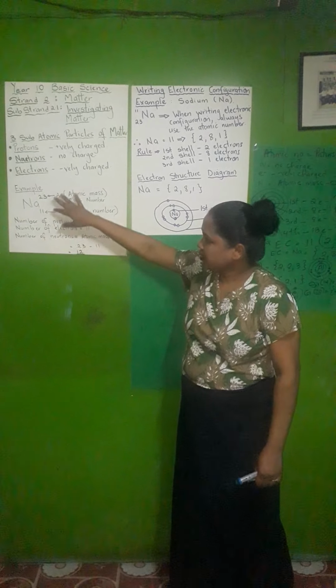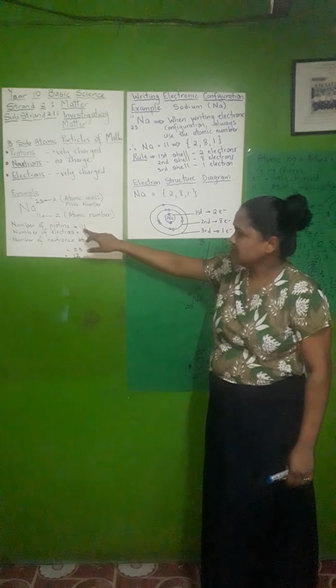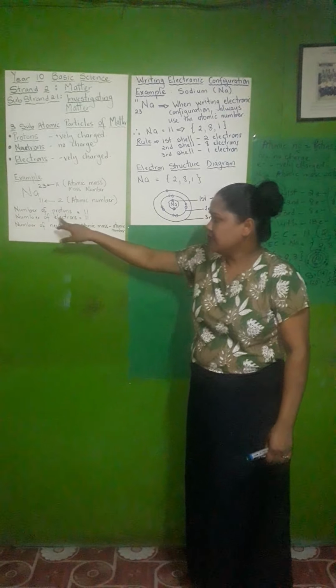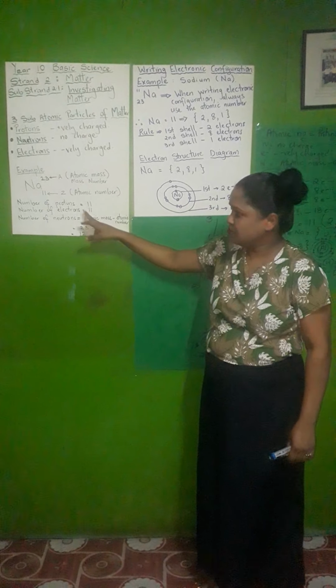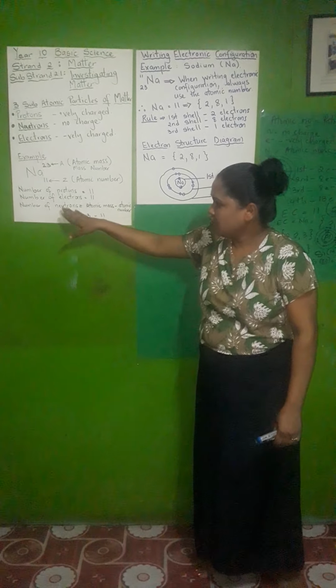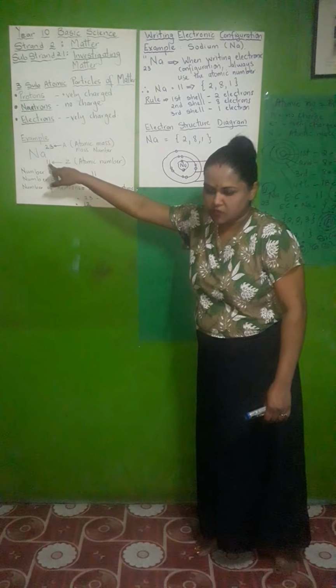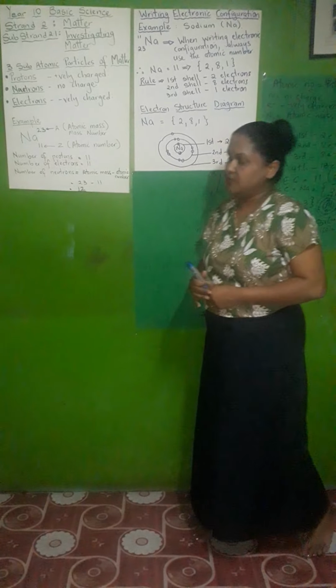So here if we look at sodium, the number of protons is 11, since 11 is the atomic number here, and the number of electrons is also going to be 11 here, and the number of neutrons is equal to your atomic mass minus your atomic number. Remember, you will always subtract it from the bigger number. So 23 minus 11 will give you 12 as the number of neutrons in sodium.